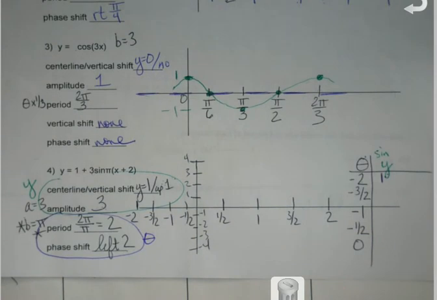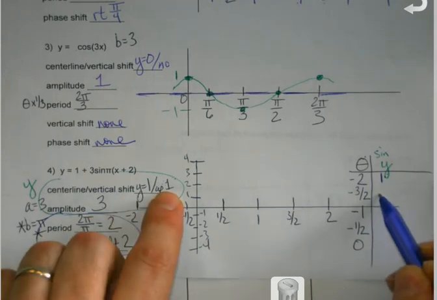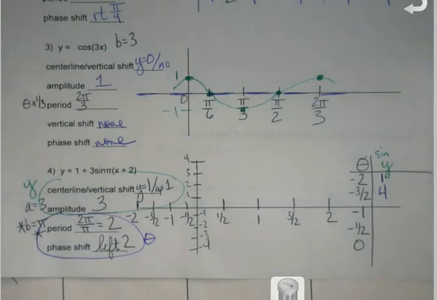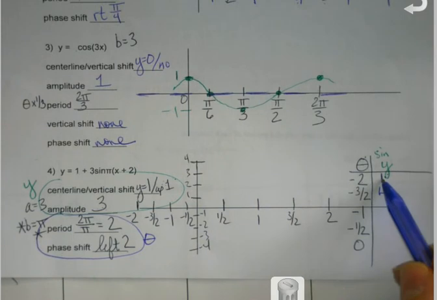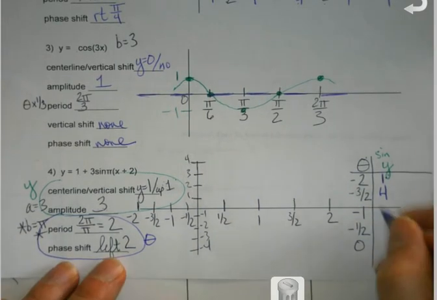So I'll do the amplitude, then I'll do my vertical shift. Normally for my second value at sine, it's at 1. 1 times 3 is 3. Up 1 more is 4. Now here's the part where it gets easier though. Remember how in my first one it usually starts at 0, so it's like 0, 1, 0.